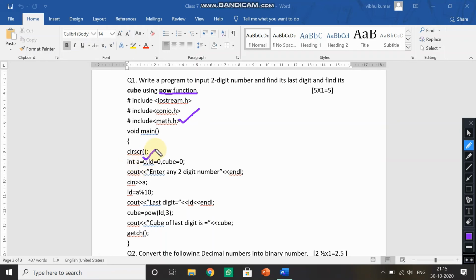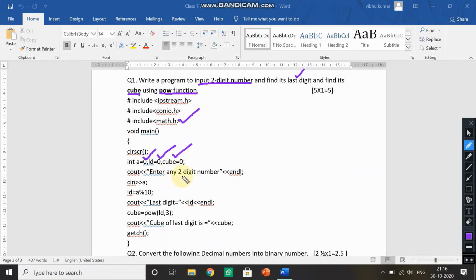A is where you store the 2-digit number. Then you have to find the last digit, so you can take any variable. Here I have taken LD for the last digit. Then you have to find the cube, so for storing the cube's value you have to take a third variable, that is cube.